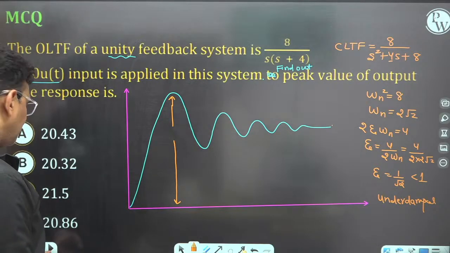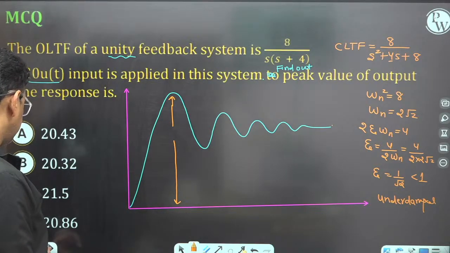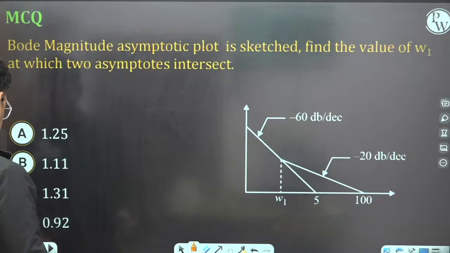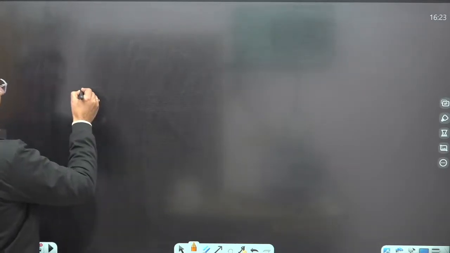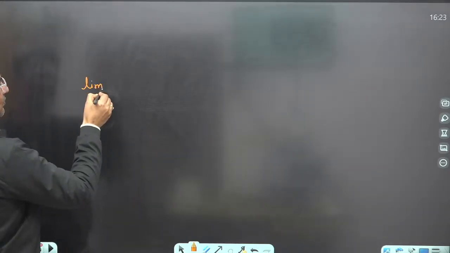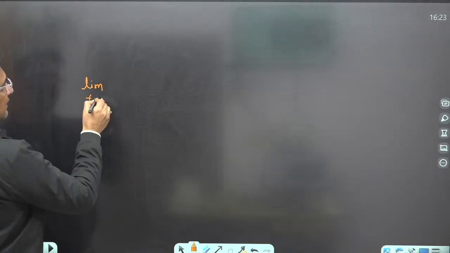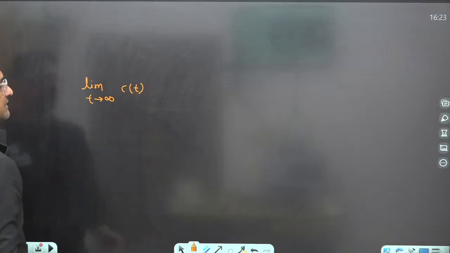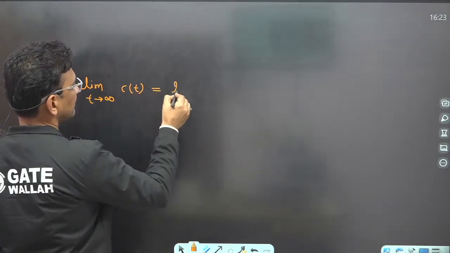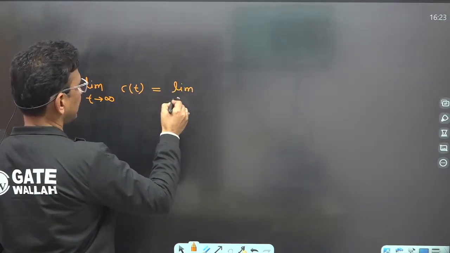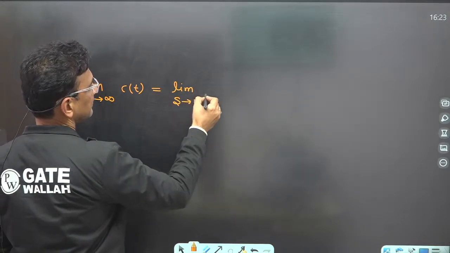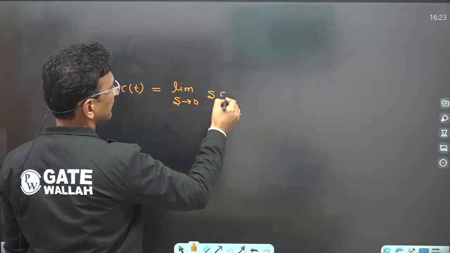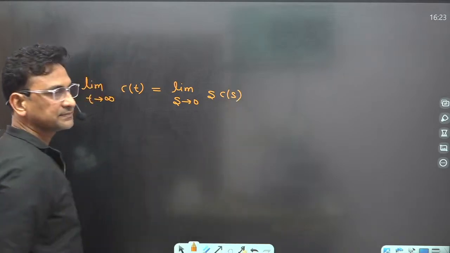So what is the final output? If I find out the output when time tends to infinity, it is the steady state output. You can find it by using the final value theorem. It will be limit s tends to 0, s multiplied by C(s).